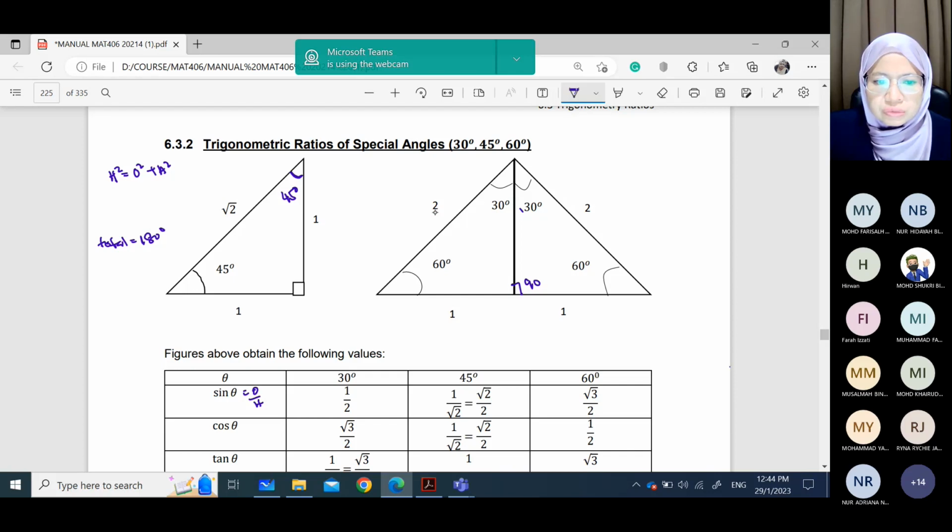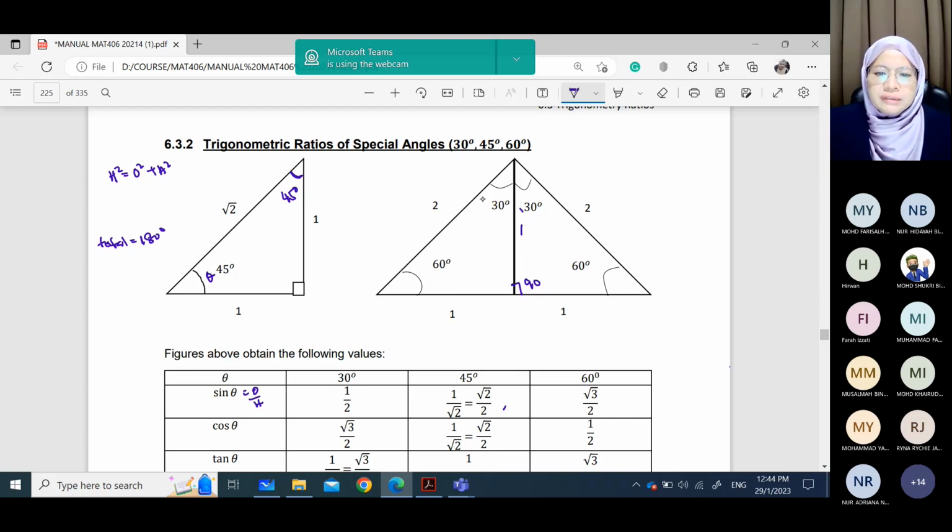So h is 2, yang ni 1 kan? So 1 over 2. So untuk 45 degrees, sin theta dia adalah 1 over root 2, equivalent with root 2 over 2.